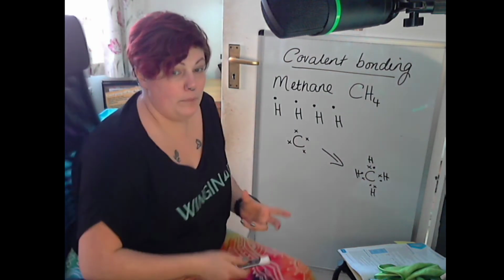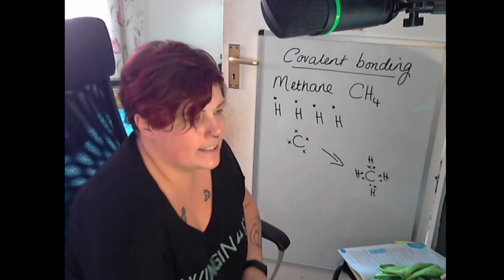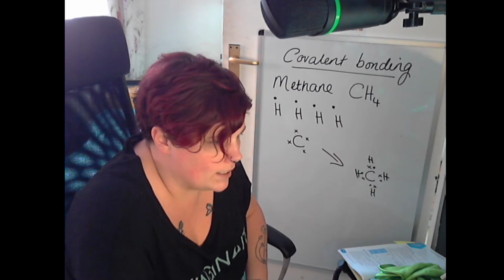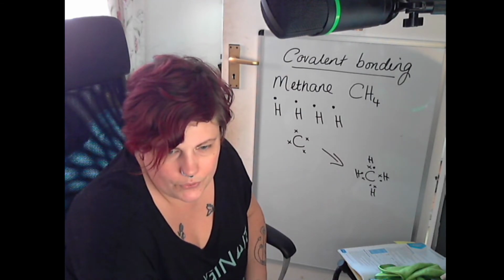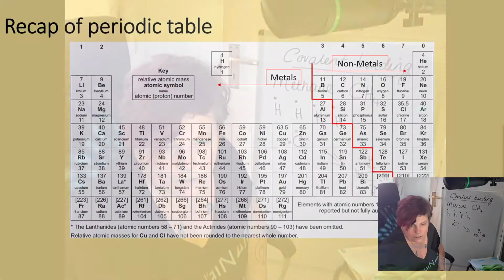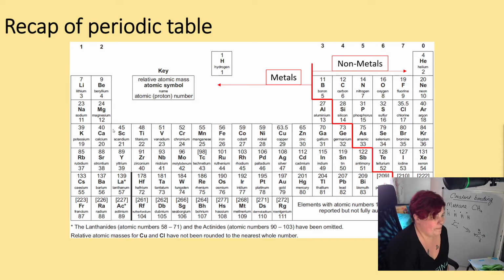One really important piece of information that you have to remember is, if I just quickly flick back to a periodic table over here, you will notice that some of the symbols are a single capital letter, some of them are a capital and a lowercase. It's so important that you copy your symbol correctly.